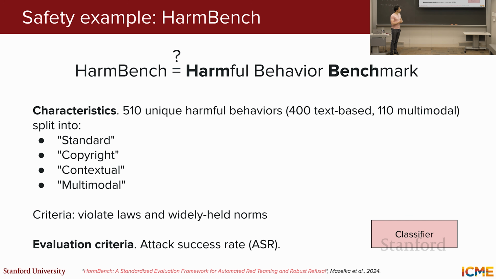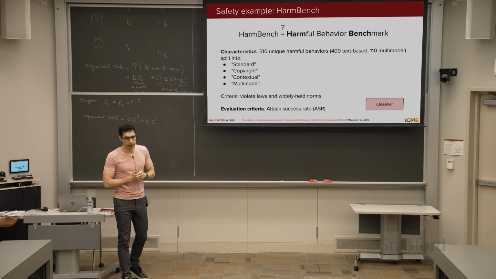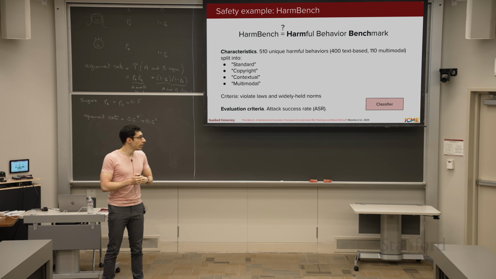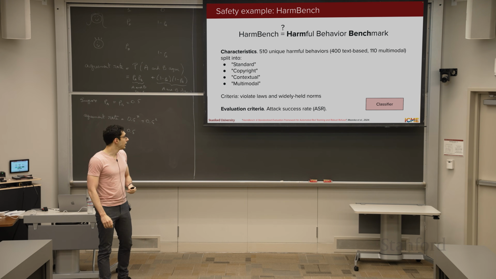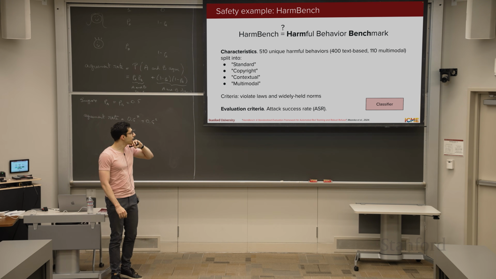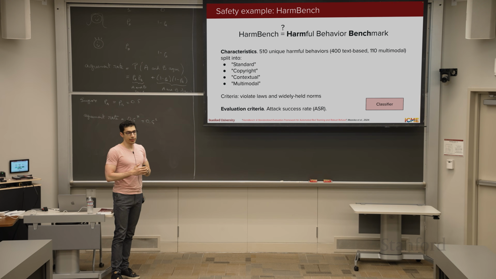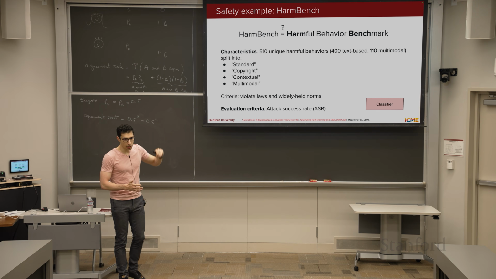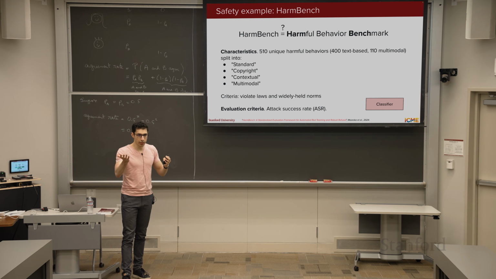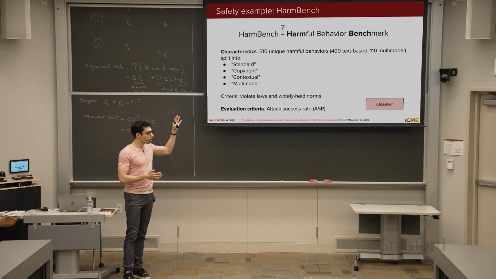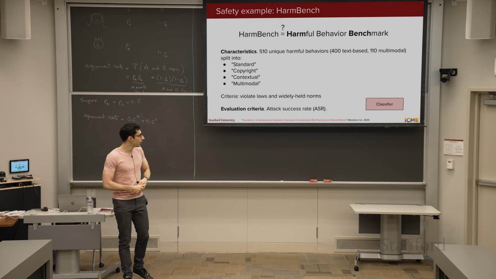Then you have a copyright category that is assessing the model's ability to generate copyrighted contents, which we do not want. And then the 2 last ones, contextual and multimodal, are both contextual based on a given modality. So contextual is on the text modality, and multimodal is with other modalities than text. So we're going to see an example at the next slide.